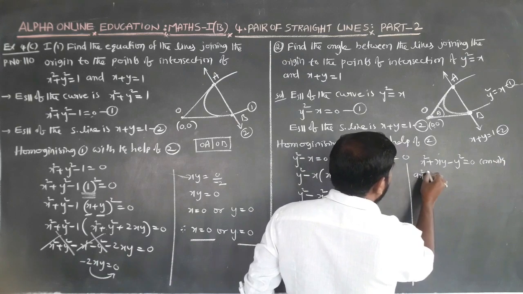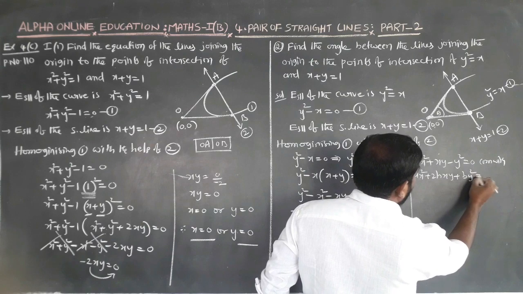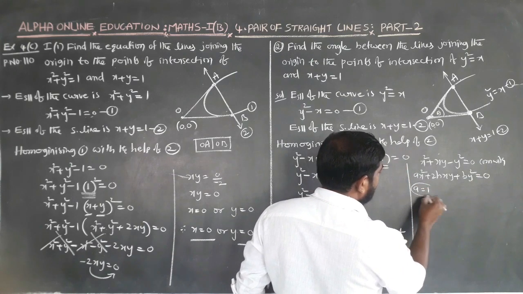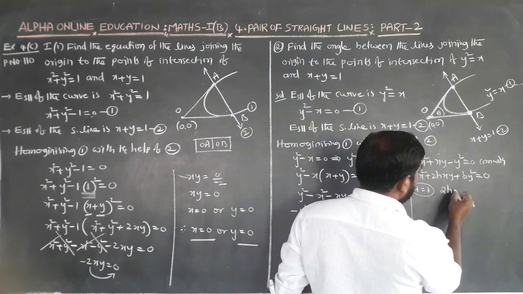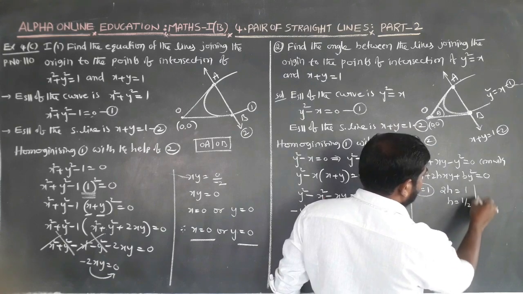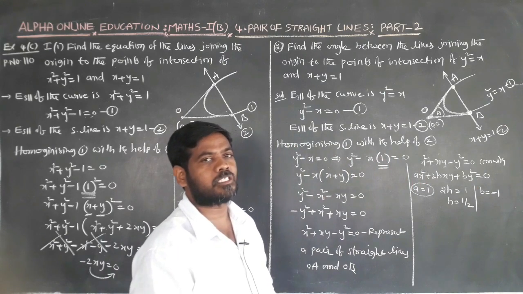Comparing with ax square plus 2hxy plus by square is equal to 0. Here a is equal to x square coefficient 1, xy coefficient 2h is equal to 1, h is equal to 1 by 2, b is equal to minus 1.